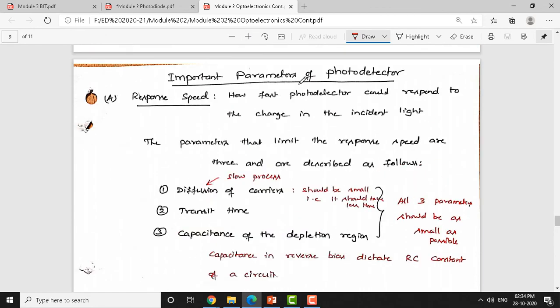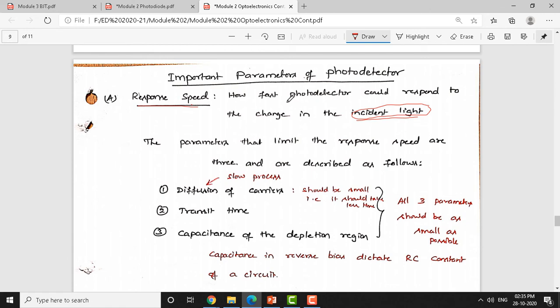The first important parameter of a photodetector is response speed. What do you mean by response speed? This is explained with this definition. Response speed means how fast the photodetector would respond to a change in the incident light. If the incident light increases, the corresponding current should also increase in the photodetector. If the incident light decreases, the corresponding current flow in the photodetector should decrease.